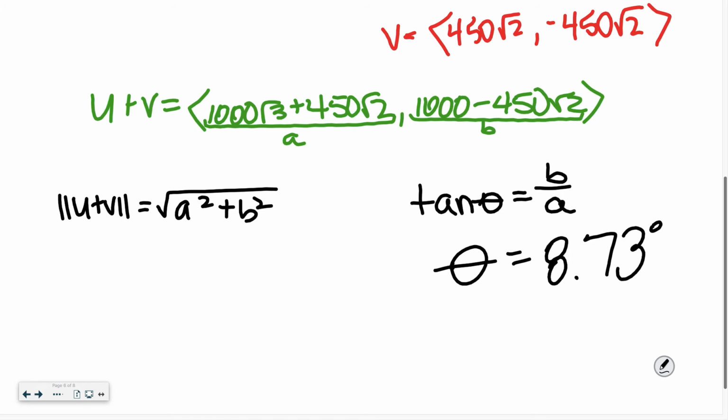Anyone else having trouble with their calculator to get 8.73? Your magnitude. Drum roll.